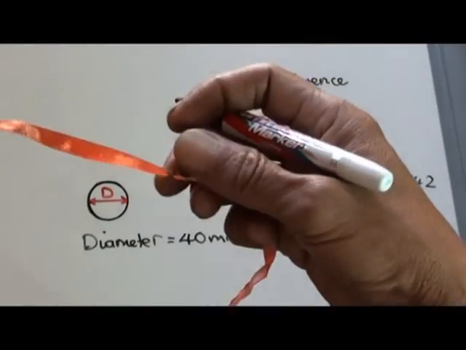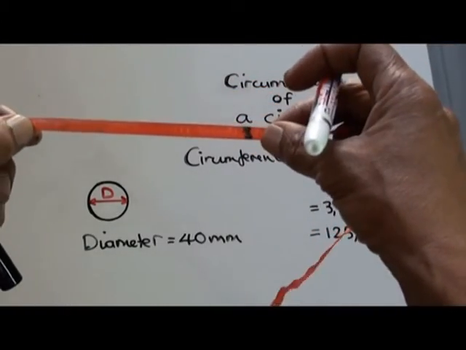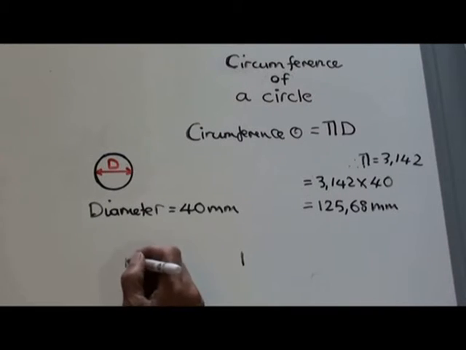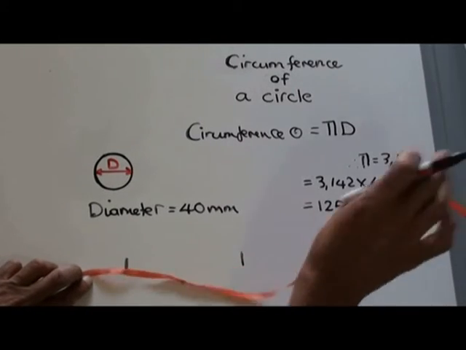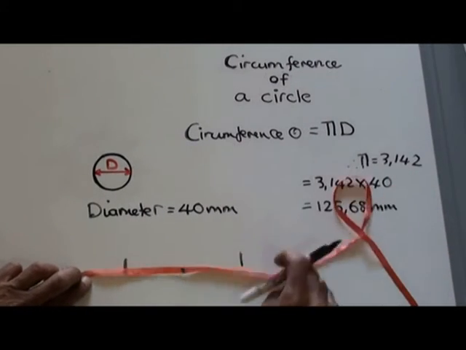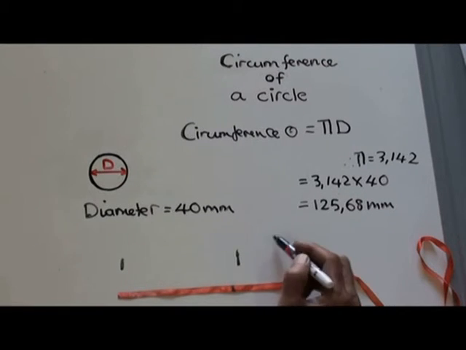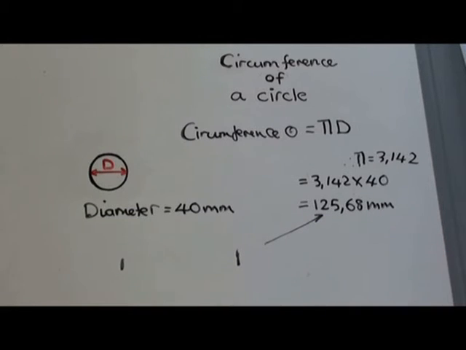That is the distance around the cylinder. I make a mark. And now the mark on the string, that is the mark on the string. So that distance we got to measure and see if it coincides with that measurement.